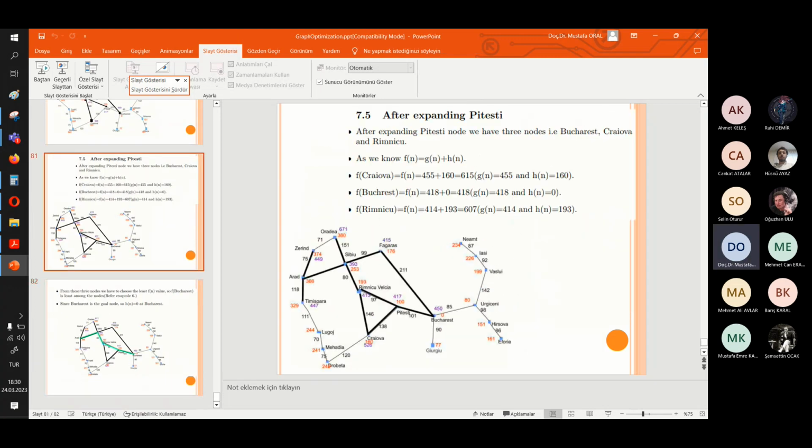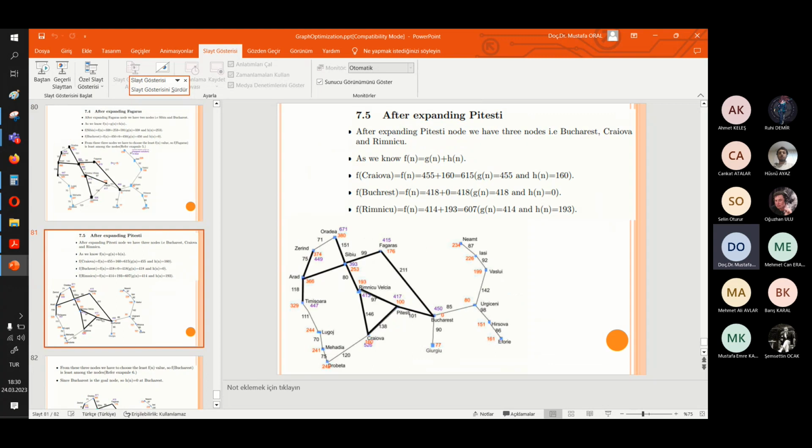Yani son slayttaki Piteşti'yi expand etmezsen muhtemelen sorunun yarı puanını alamazsın, çünkü bu algoritmanın çok kritik bir adımı. Bunu bilmiyorsa algoritmayı tam bilmiyor demektir. O yüzden yarısını buraya veriyorum.